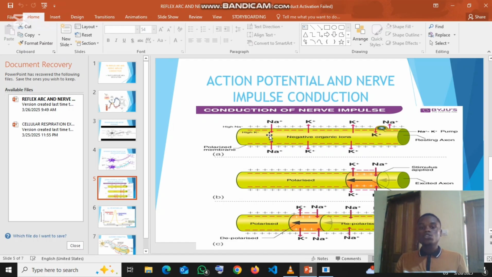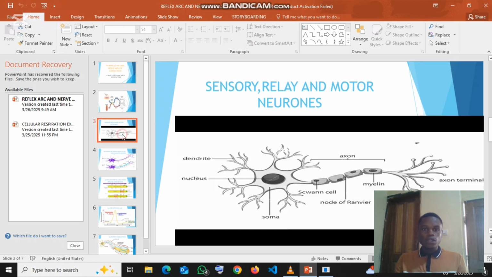So when a stimulus triggers, a nerve impulse moves from the dendrite through the axon, then through the axon terminal. We are discussing how nerve impulse or action potential takes place around the axon here.